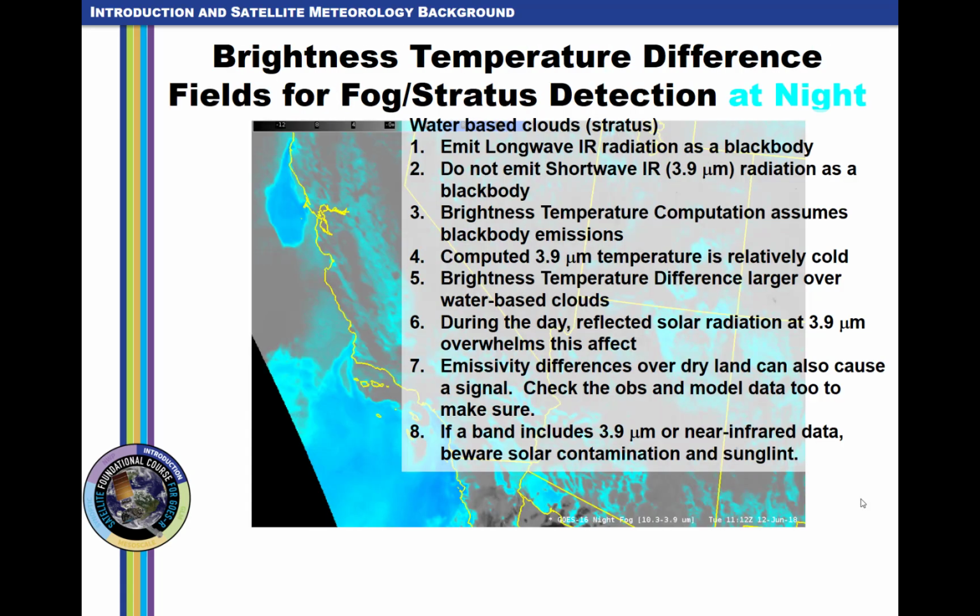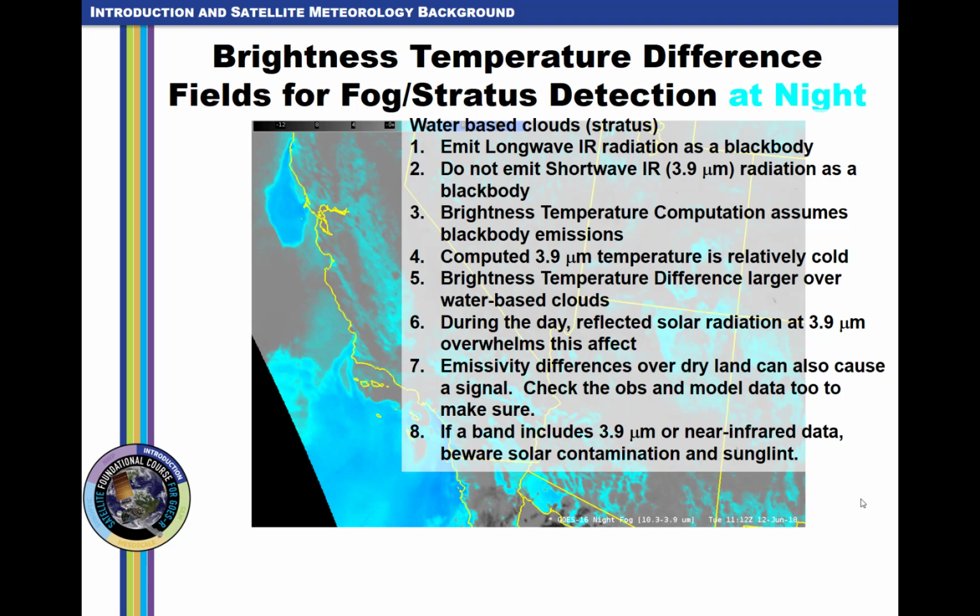The night fog brightness temperature difference is another well-known field, and it's used to identify regions of low stratus and fog. Clouds made up of water droplets are not black body emitters of all wavelength radiation. Satellite detectors of radiation simply collect a number of photons. The conversion of those radiance counts to brightness temperature assumes black body emission, however.